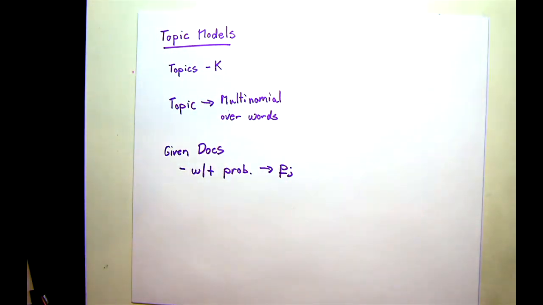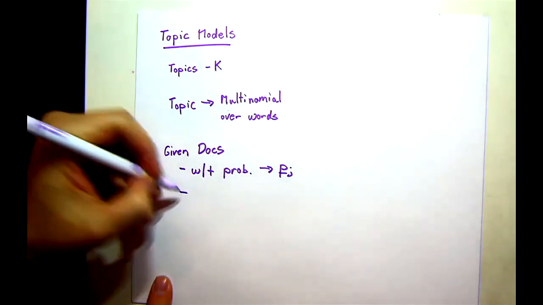That P will be a vector of probabilities over each of the words. So if your dictionary is 100 words, P will be a 100-dimensional vector, and it'll sum to 1 and just be the probability of each time you sample a word that word would come up.